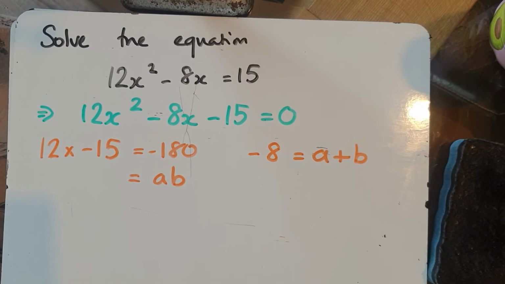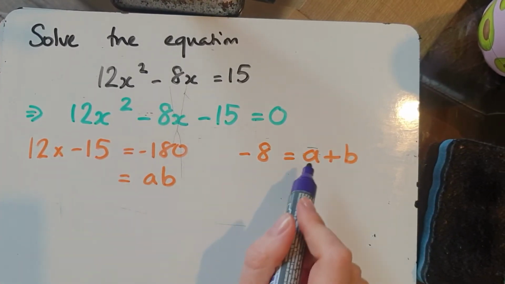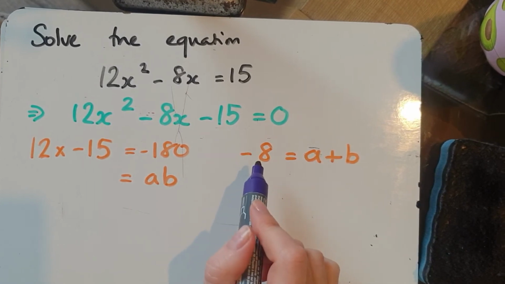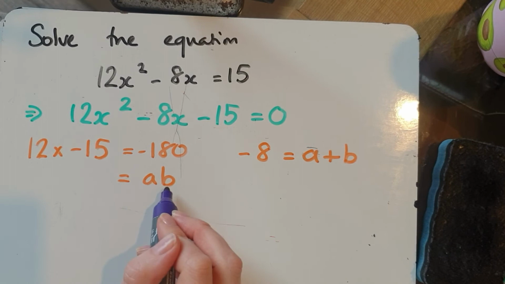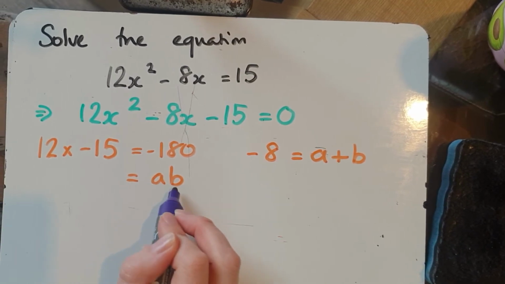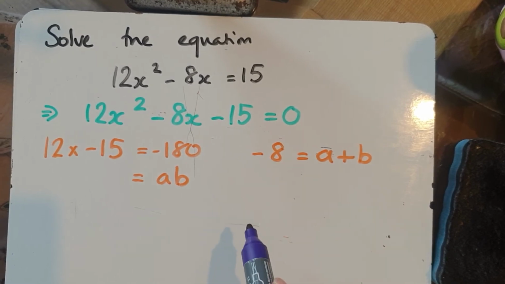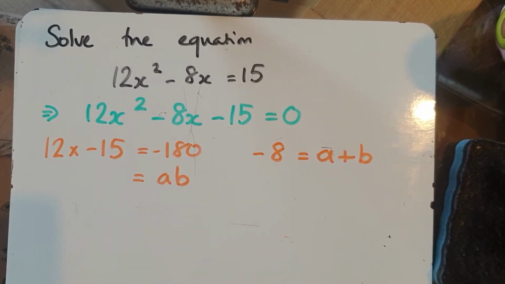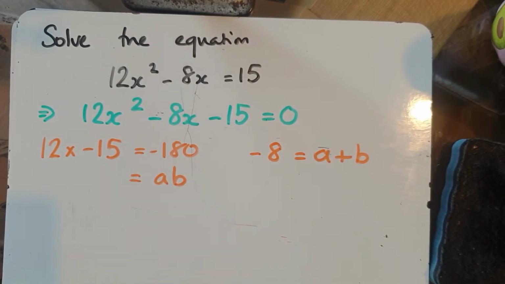So what two numbers multiply to make negative 180 and add to make negative 8? Because they've multiplied to make a negative, one of these numbers is negative and one is positive. So what that really means is 8 is the difference between them. Can you think of two numbers that multiply to make 180 which have a difference of 8?